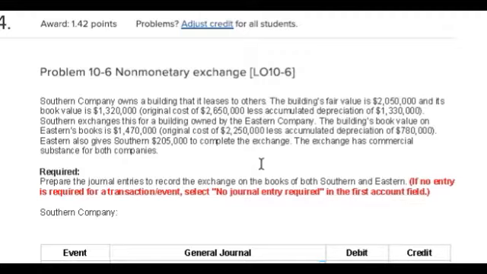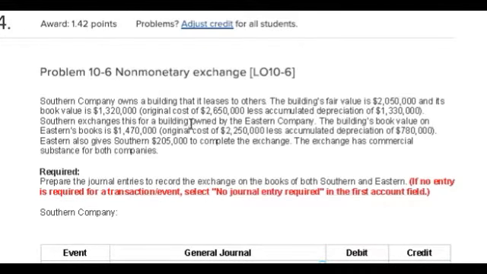So, let's take a look. It says this Southern company owns a building that it leases to others. The building's fair value is 2.05 million and its book value is 1.32. It explains to you how they calculated this book value.